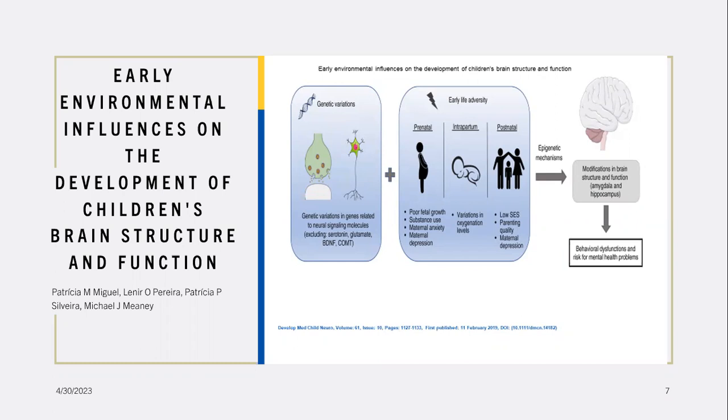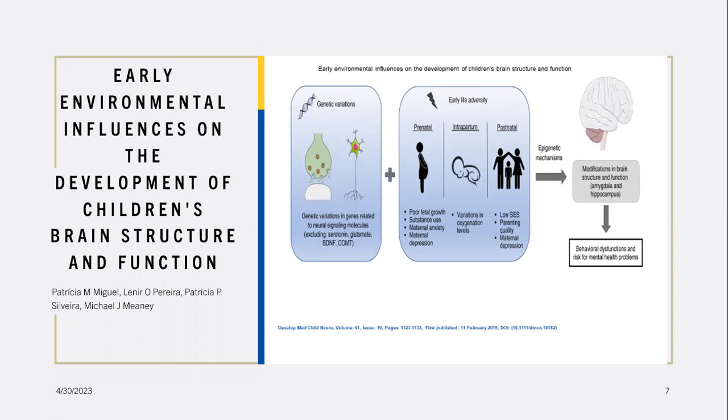In it, the writers review a lot of evidence linking adverse environmental factors during early life and prenatal development with long-term changes in brain size and structure, and specifically connectivity in the amygdala and the hippocampus.